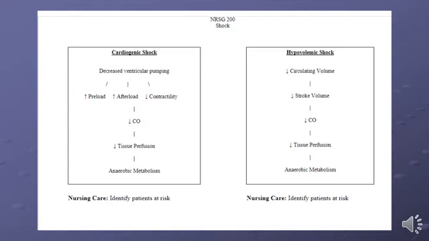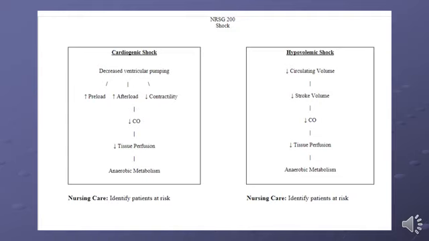So we're going to do frequent assessments, decrease oxygen demand, and make sure they're resting. They might be on antidysrhythmics. We'll also do treatments to increase the oxygen supply to the myocardium. So this might be like a percutaneous coronary intervention, or angioplasty, or CABG, or ECMO.